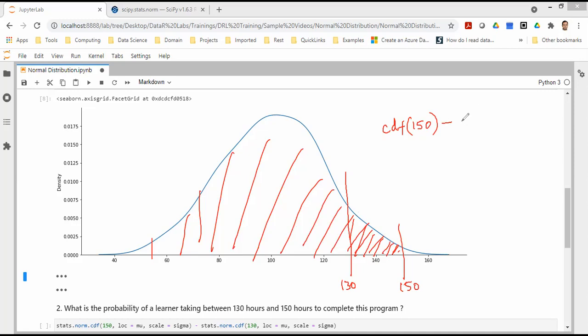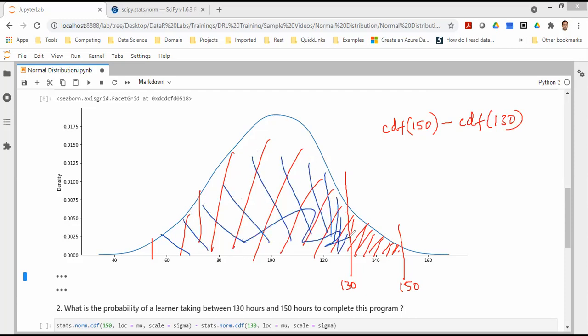And from this, I would simply subtract CDF of 130, which would give me this area. And this means essentially I'm just left with this much area.